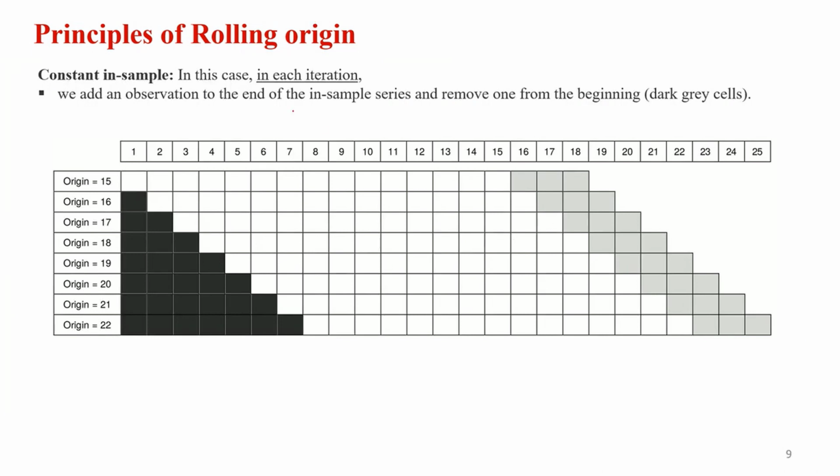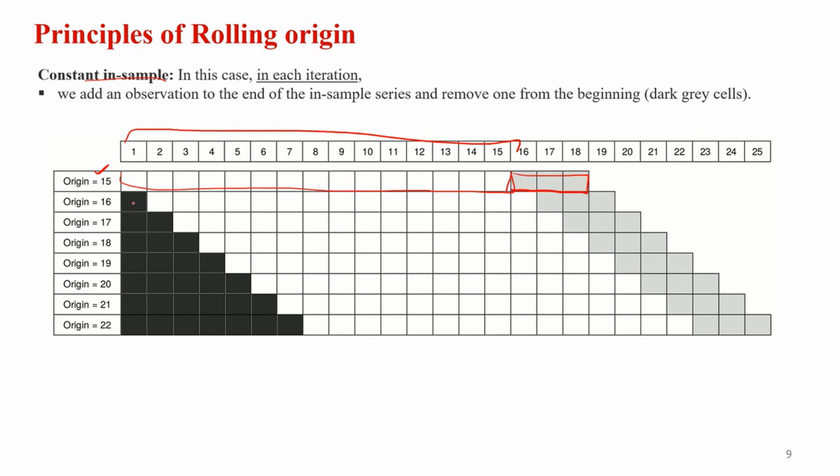In that approach we are saying constant in sample. Constant in sample means that every time we are going to use, let's say, 15 data points to train the model, and the remaining data we use for the forecast horizon. As you can see from this diagram, when the origin is 15, from 1 to 15 I am using the data to train the model, and these three values are used to get the forecast error.